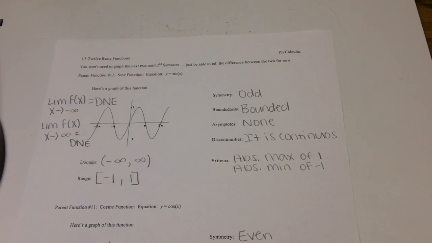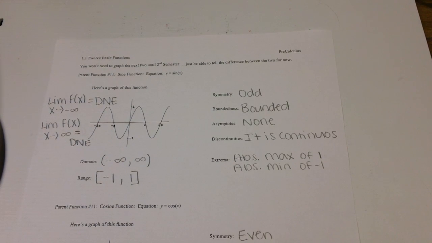The difference between the two types of functions is the y-intercept. The sine has a y-intercept at the origin, while the cosine has a y-intercept at 1. And as x approaches negative infinity and as x approaches infinity, the limit does not exist.